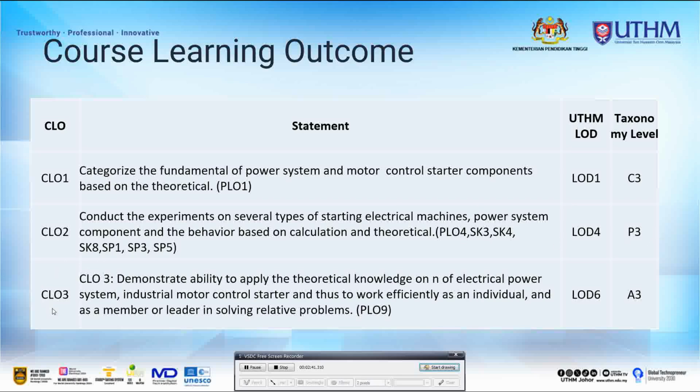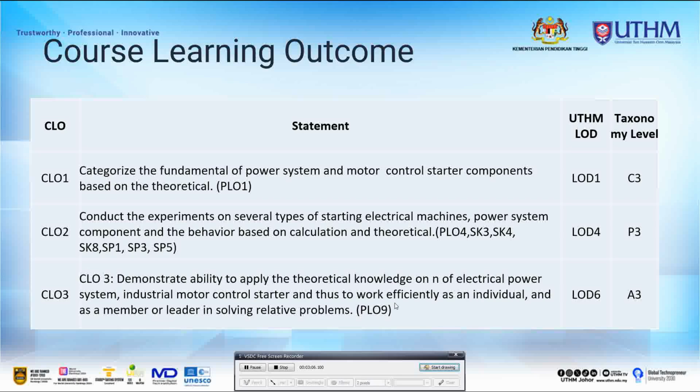Marks will be taken based on the cognitive C3, and then the second course learning outcome is psychomotor P3, and then the last course learning outcome CLO3 is to demonstrate the ability to apply the theoretical knowledge on electrical power system and industrial motor control starter, to work efficiently as an individual and as a member or a leader in solving the relative problem.